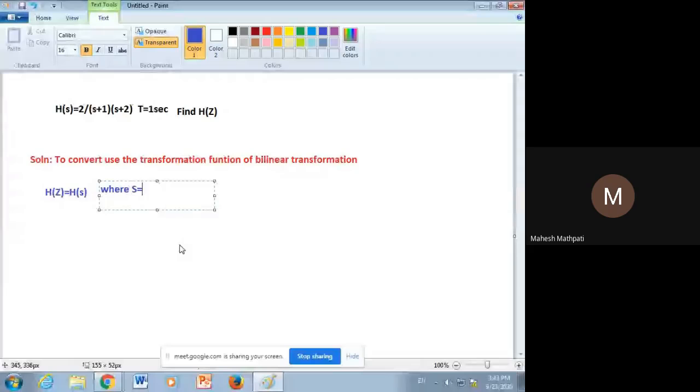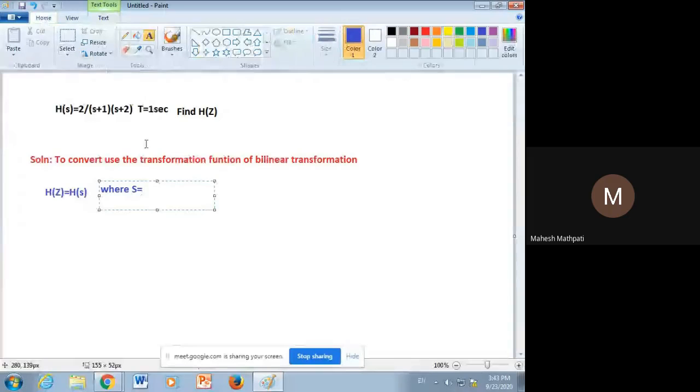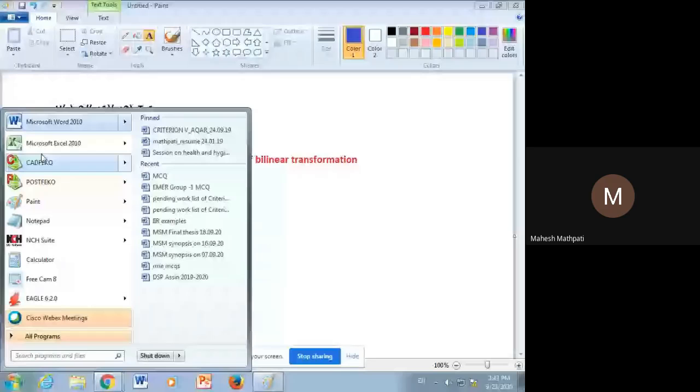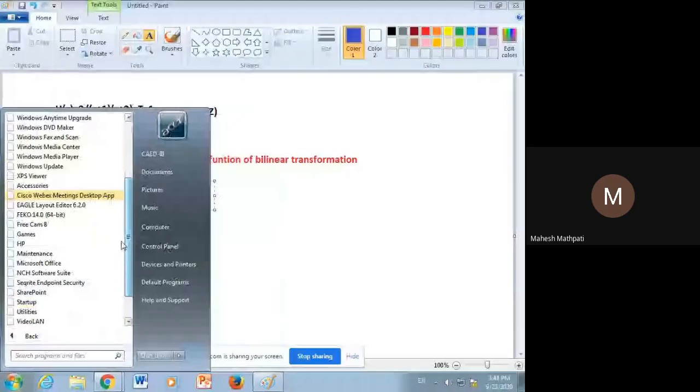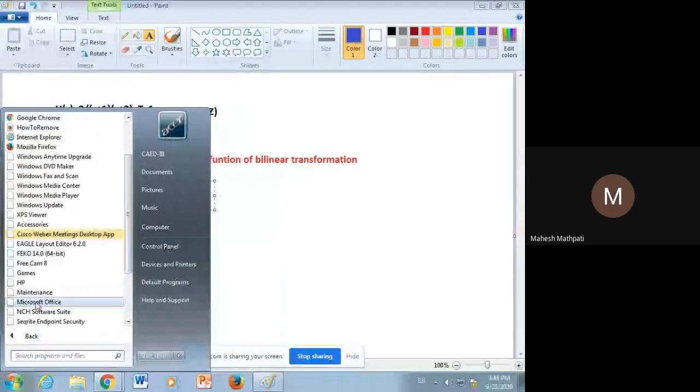Is it understandable? Yes, sir. What are you going to write for s? s equals to 2 by T. Can I use the PPT?